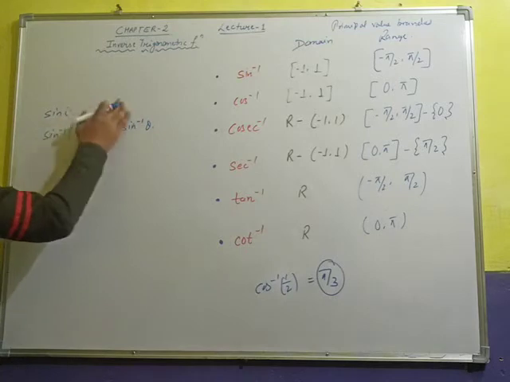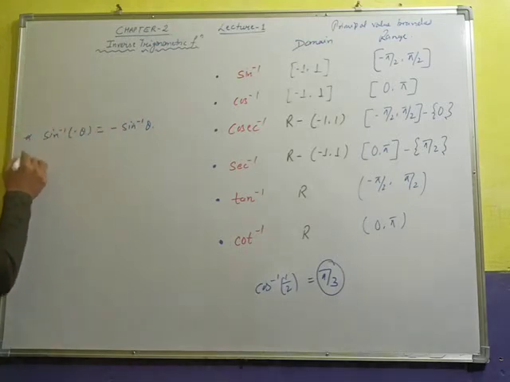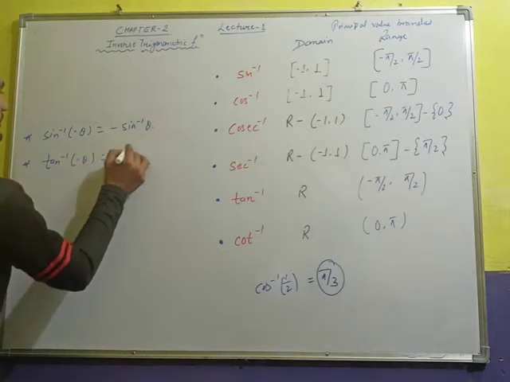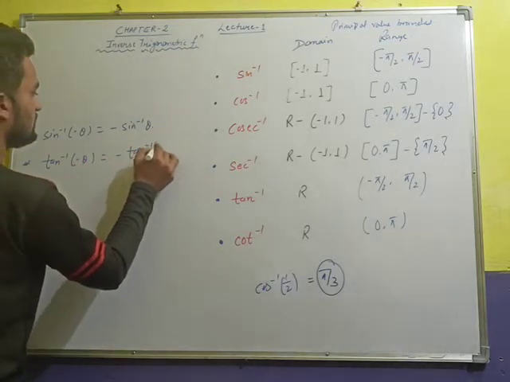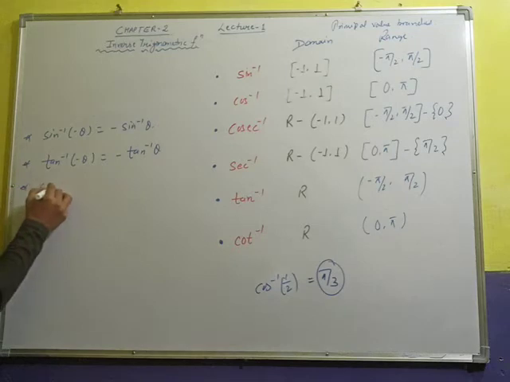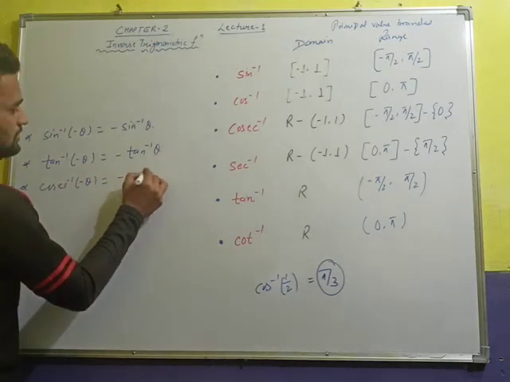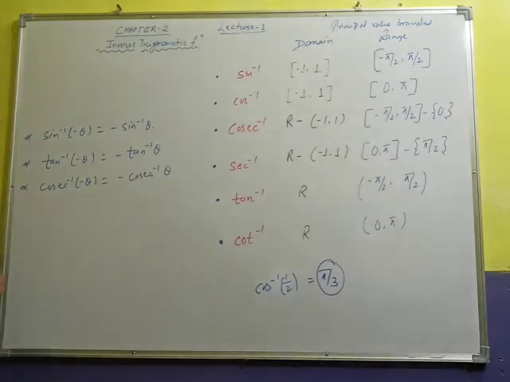Then tan inverse of minus theta will be minus tan inverse theta, and cosec inverse of minus theta will be minus cosec inverse theta. These three show the same property.